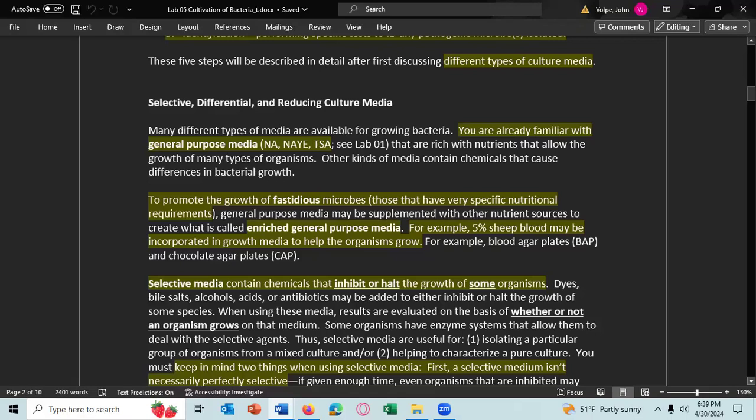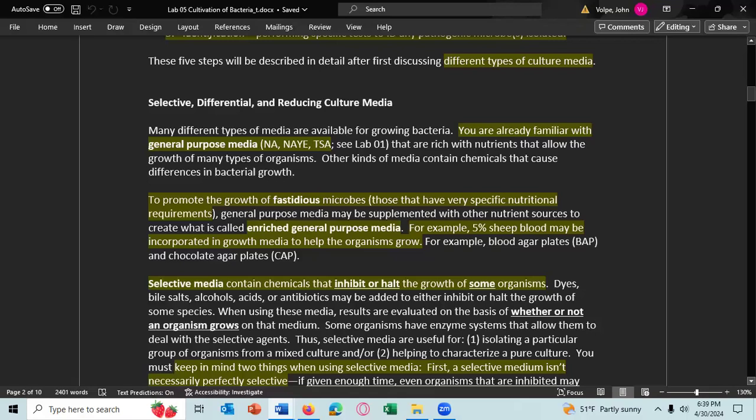All right, so those two different medias. Let's talk about selective media. This is a media that contains chemicals that inhibit or halt the growth of some organisms, but do not inhibit other organisms.